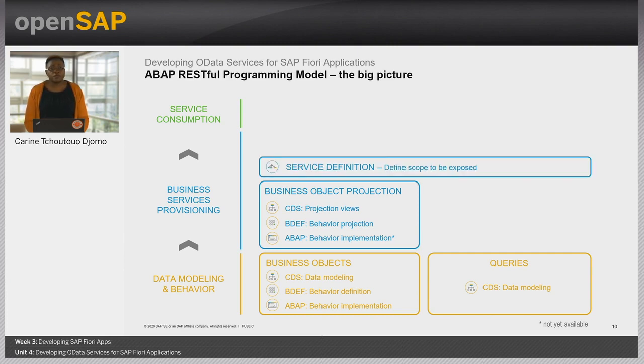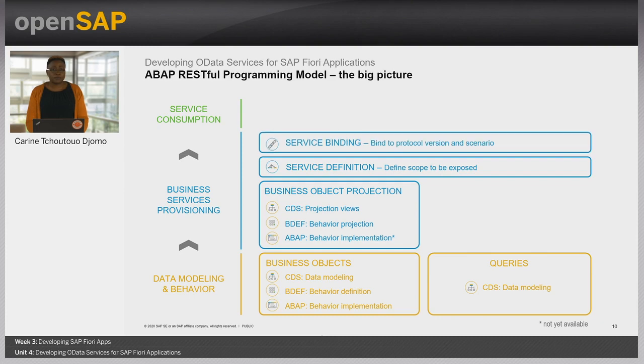Then we have the service definition, also a new development object, where the list of all relevant business objects and other helpful CDS entities for a given service is specified. And then the service binding, also a new development object, where the concrete binding of a given service definition to a given use case and OData protocol occurs.